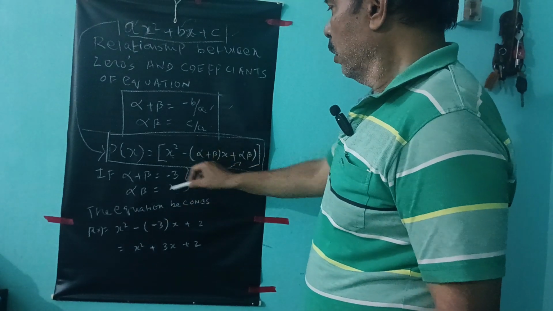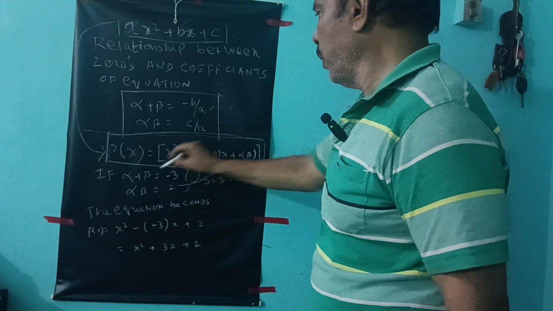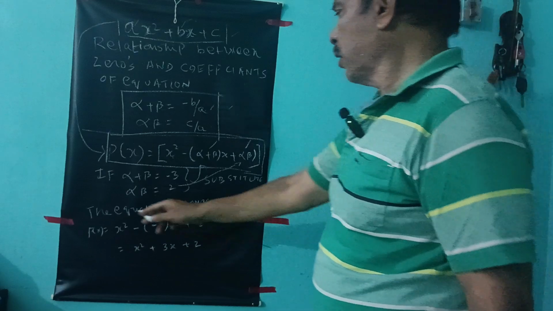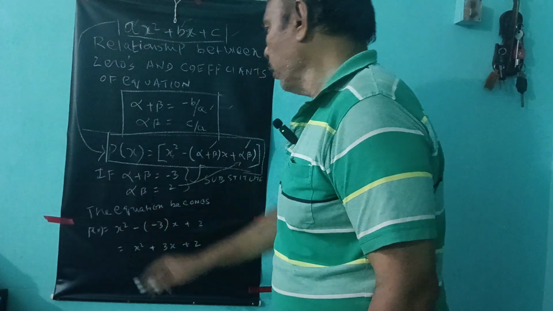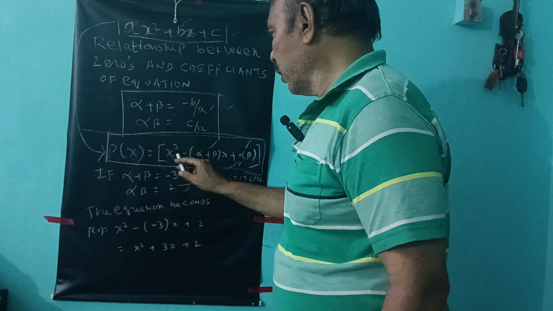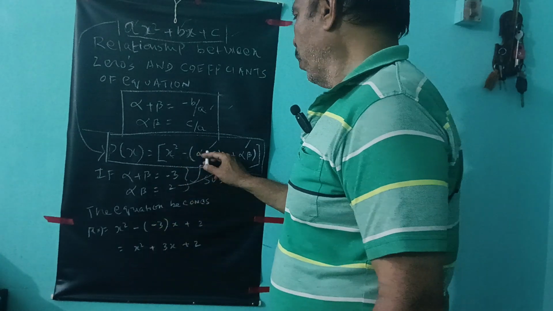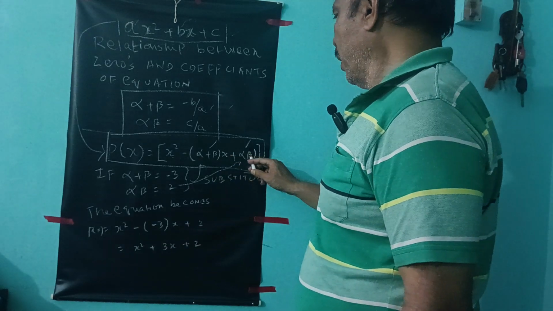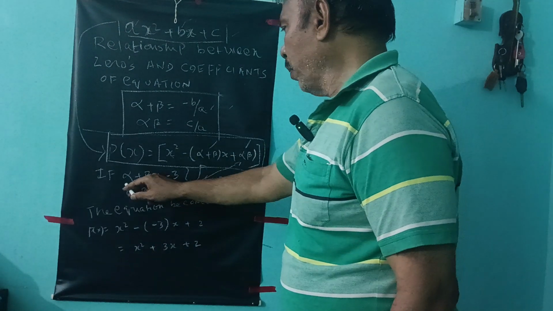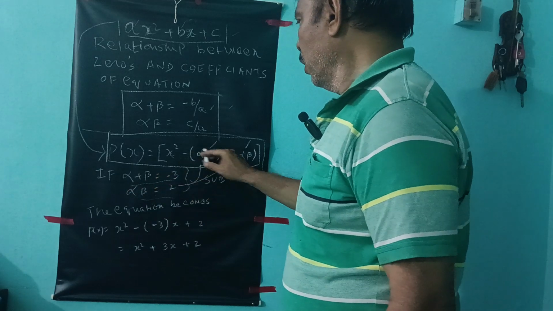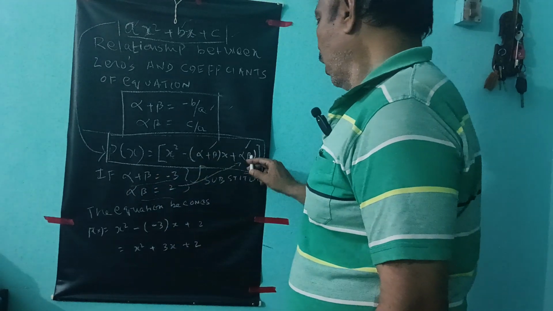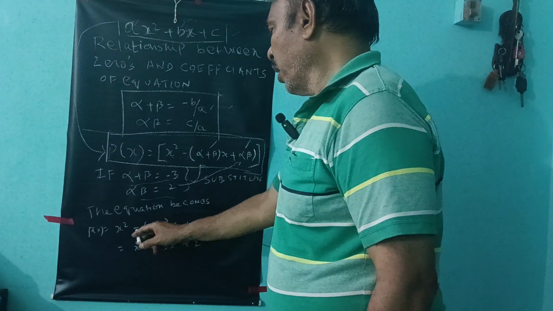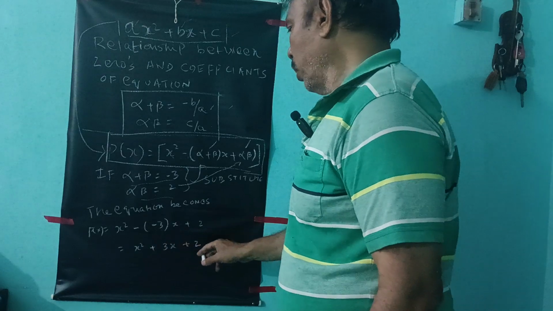You just substitute this alpha plus beta in this equation, and alpha beta in this equation. So the equation becomes x squared minus alpha plus beta, which is minus 3, into x, plus alpha beta equal to 2. So I am putting minus of minus 3, so the equation becomes x squared plus 3x plus 2.